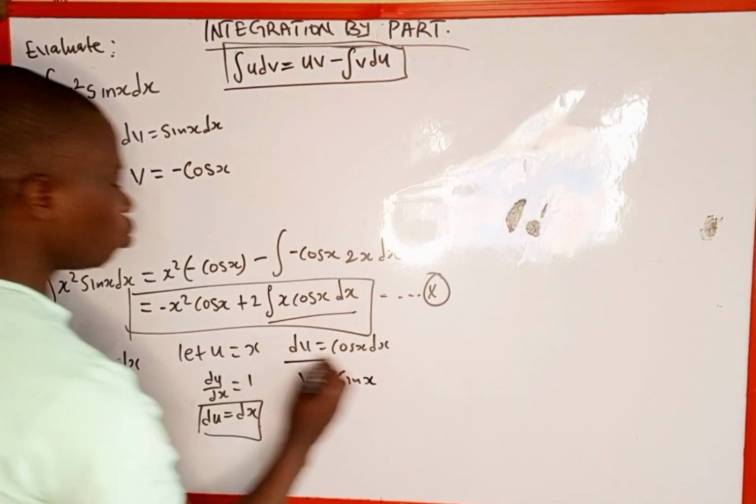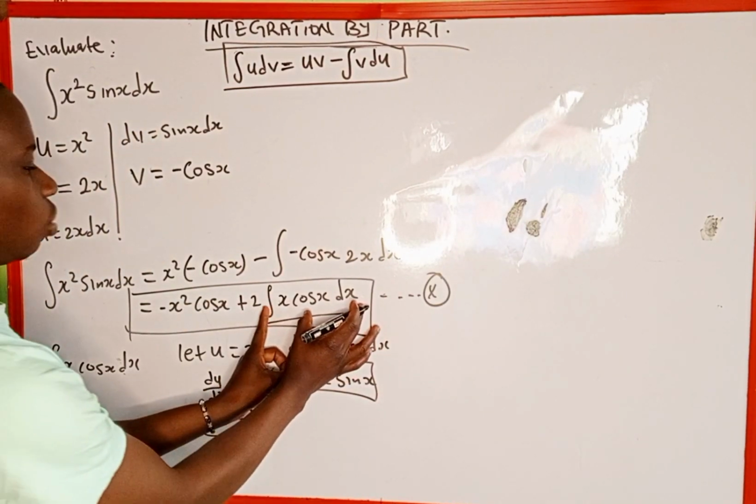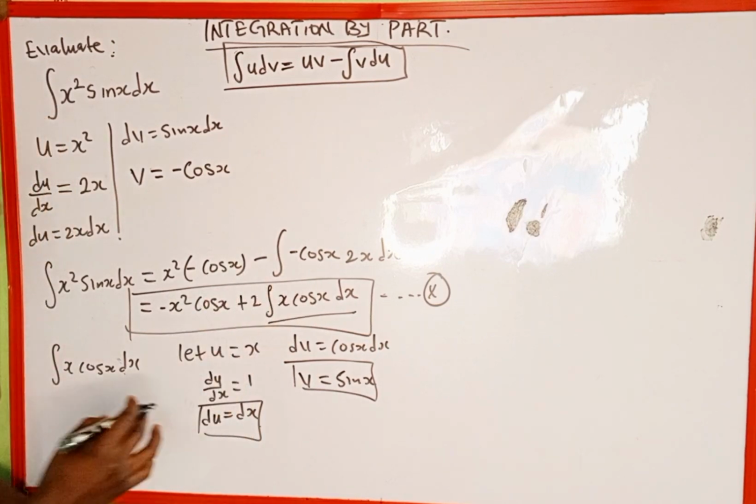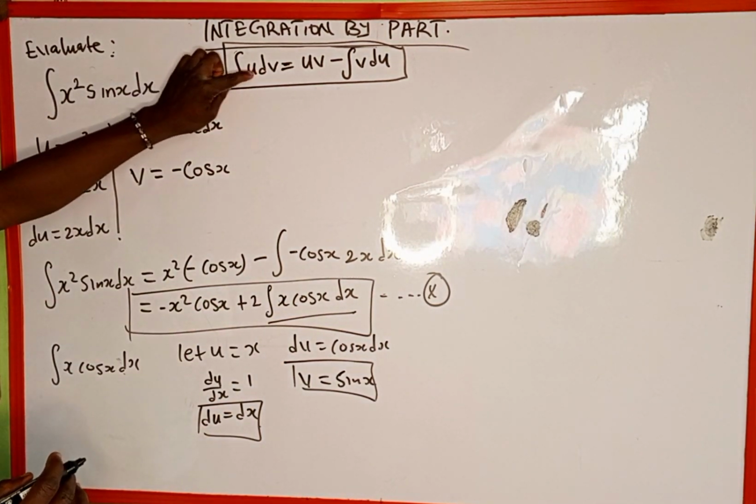So the next thing we are going to do is to substitute back into the integration by parts formula. Remember, we want to evaluate this integral. So now the formula is the integral of u dv.